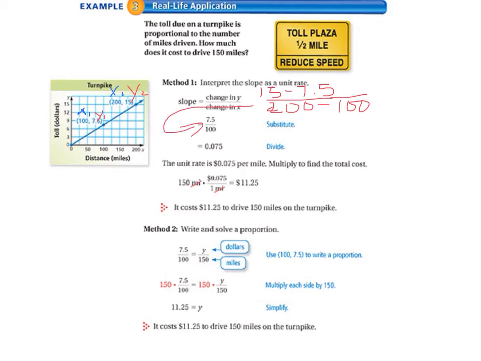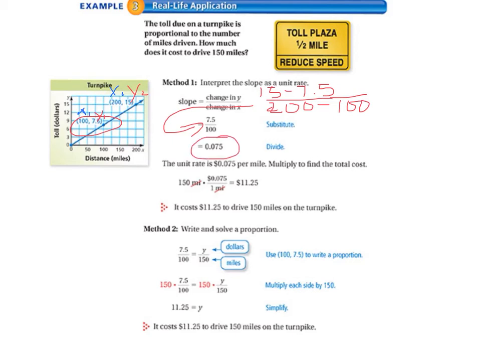I know it looks like they just took the y and put it over the x, but they didn't. And then when you divide that, it turns out to be 75 thousandths.